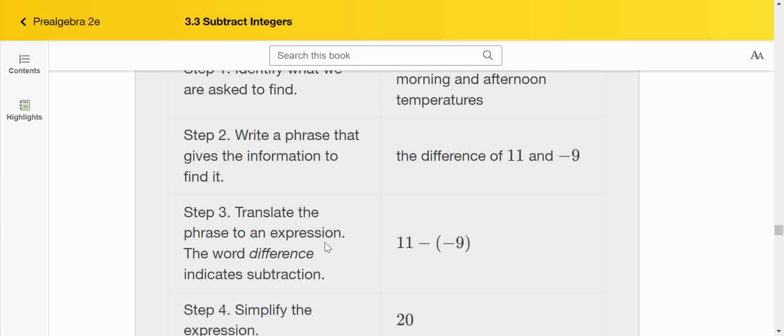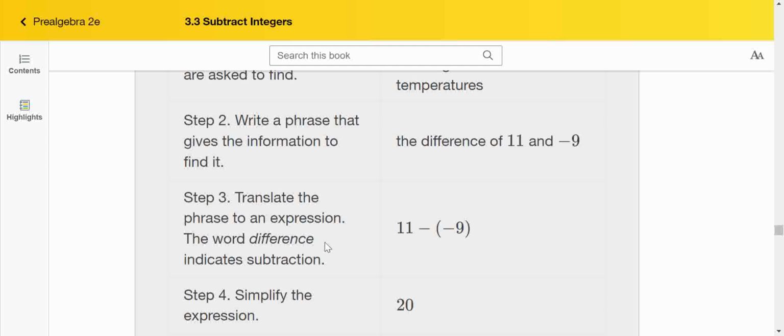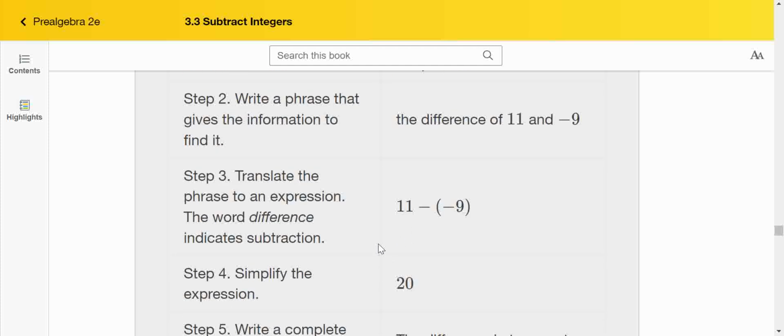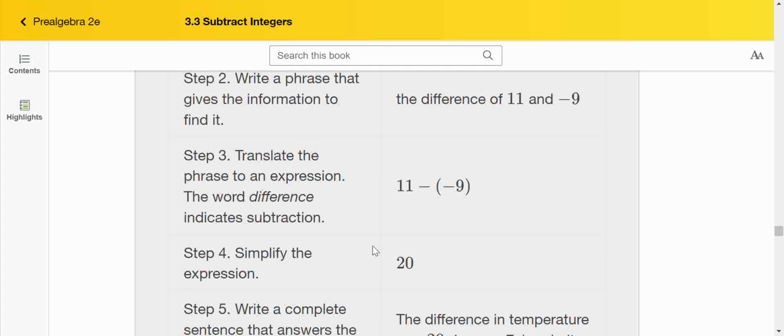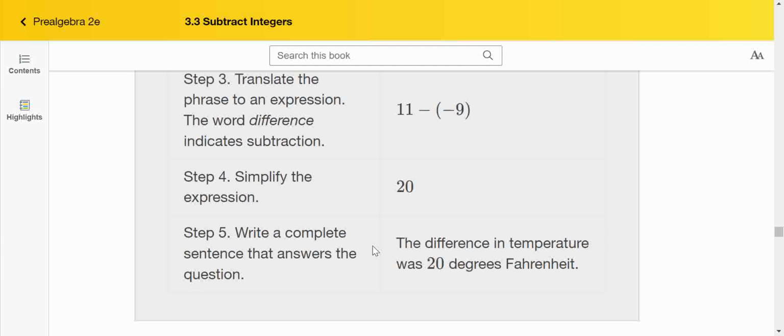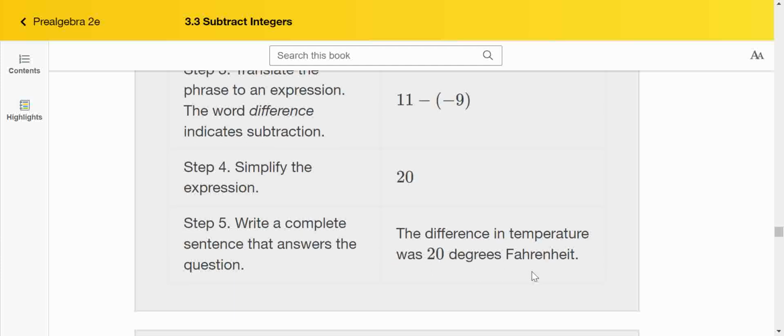Translate the phrase to an expression. The word difference indicates subtraction. 11 minus minus 9. Step 4, simplify the expression. That's 20. Step 5, write a complete sentence that answers the question. The difference in temperature was 20 degrees Fahrenheit.